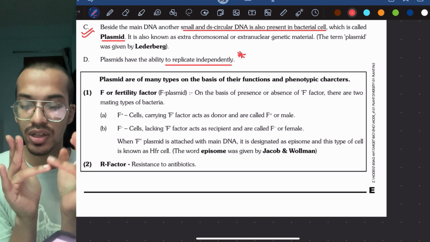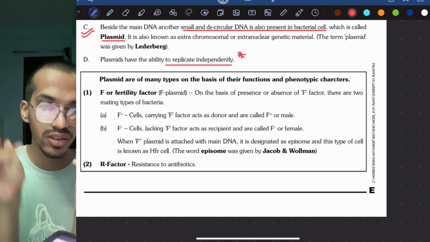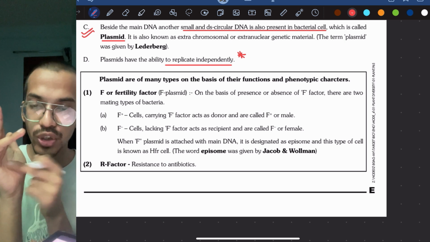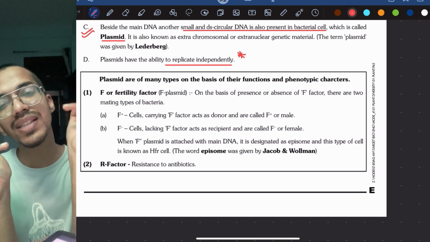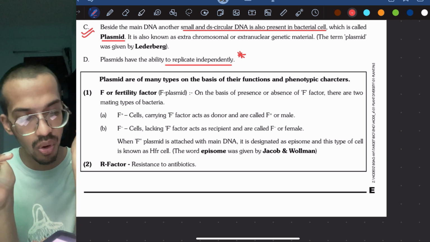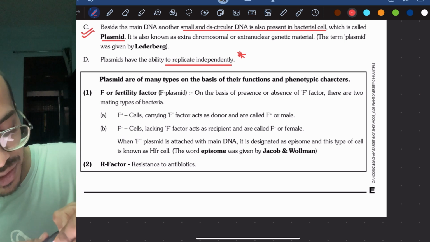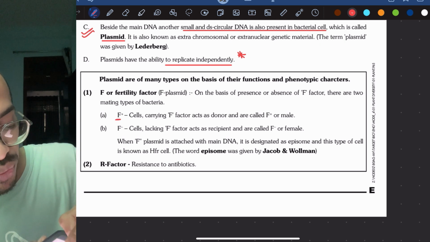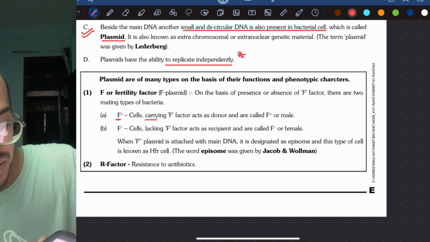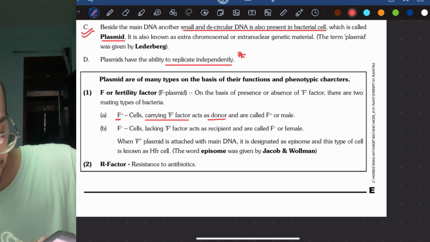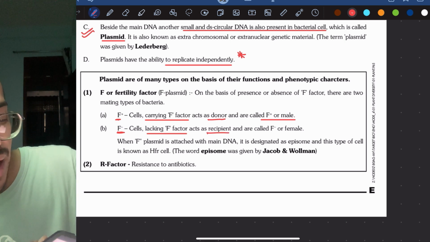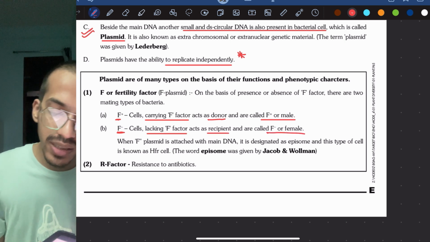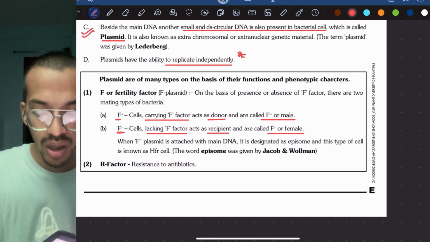So this is called F positive or the donor, because it is donating its things into this. Whereas this is F negative or the acceptor or the female. This is what they have written over here. F positive is what? Which carries the F factor, means which is a donor and male. F negative cells lack the F factor, they are recipients from the donor and are called F negative or the female. This thing you have to remember.